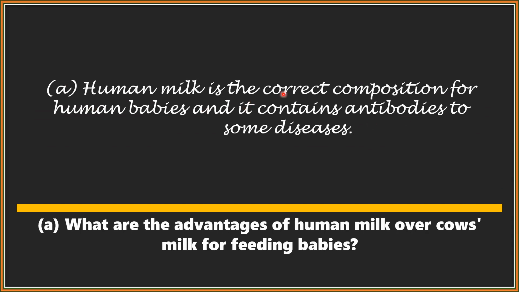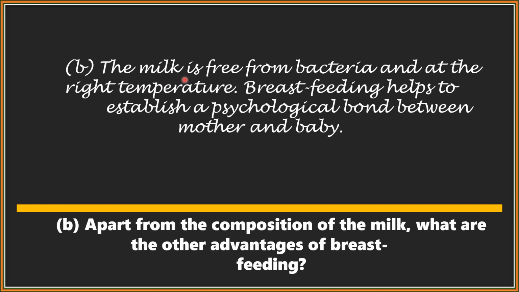Human milk is the correct composition for human babies, and it contains antibodies to some diseases. The milk is free from bacteria and at the right temperature. Breastfeeding helps to establish a psychological bond between mother and baby.